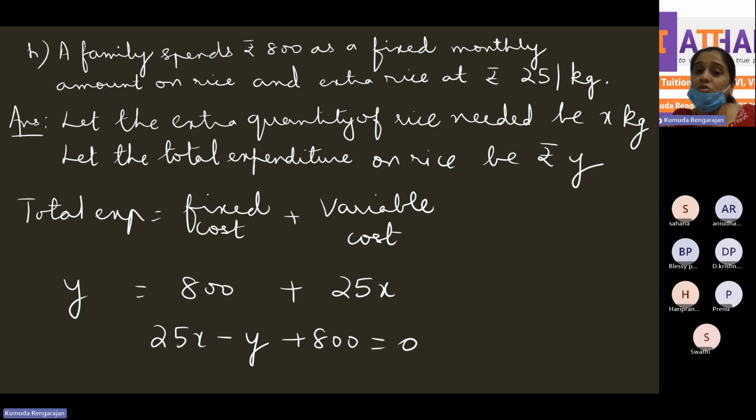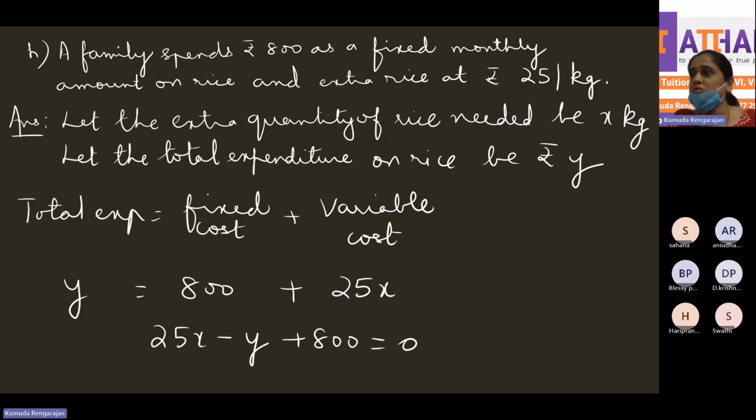Sometimes to make it easy for students, it will be given: take the extra quantity of rice needed to be x and the total expenditure as y. I have not given that. Sometimes it's given to you: take this one as x, take this one as y. Then everything becomes simple. So even if it is not given, you should know how to do it. Okay, next one, you can do it yourself.